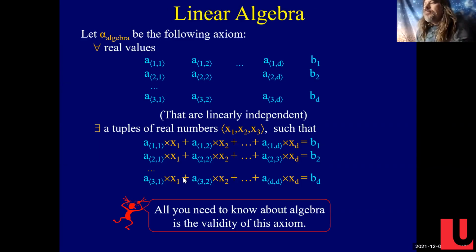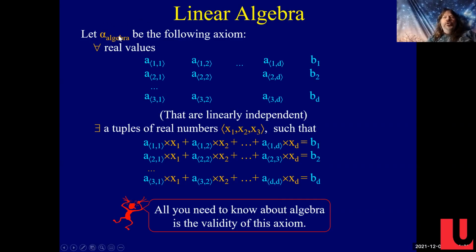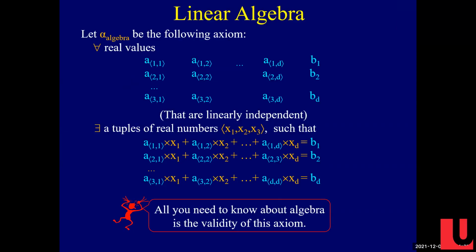In fact, assuming the equations are linear independent, then this solution is unique. Everybody get this is an algebra statement? And at some point we're going to assume that this algebra statement is true in order to prove other cool things that we want to prove. Everybody good with this one?